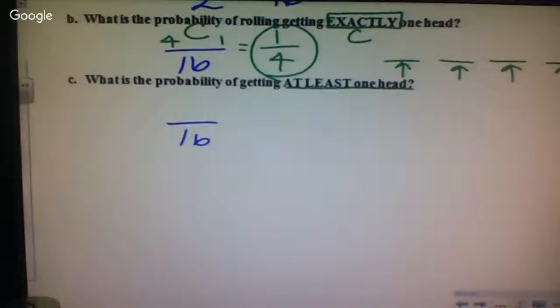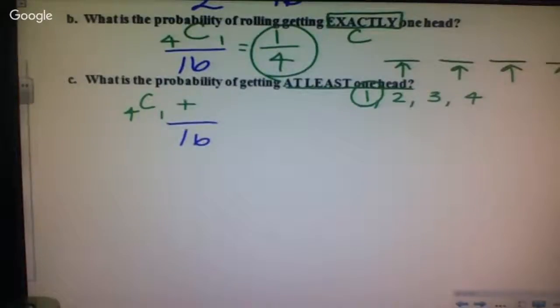Part B said we were talking exactly 1 head. What does at least 1 head mean? 1, 2, 3, or 4. Okay. No zeros. So I need in the top to do each one of these individually. So I want 1 head. So I've got 4 and I want 1.